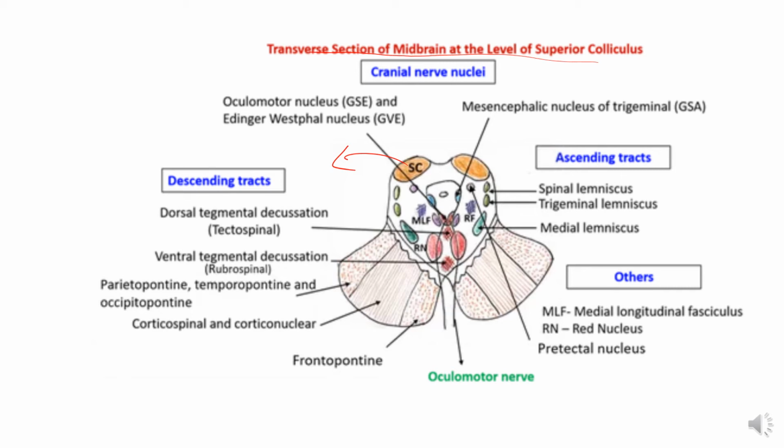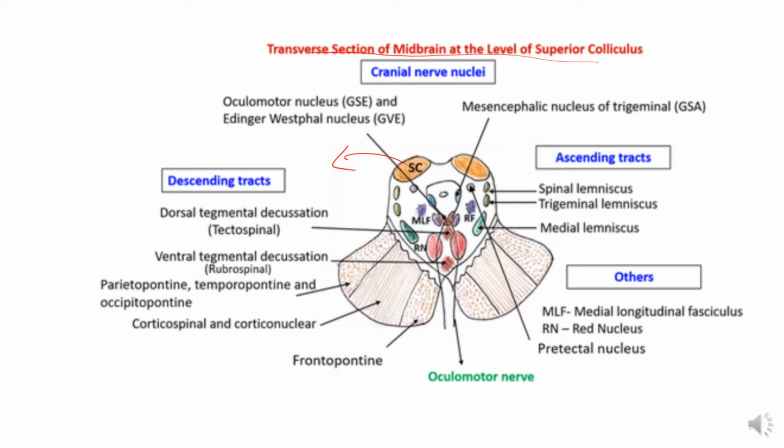It receives afferent fibers from the optic nerve, the visual cortex, and the spinotectal tracts. The efferent fibers form the tectospinal and tectobulbar tracts, which are probably responsible for reflex movements of the eyes, head, and neck in response to visual stimuli.